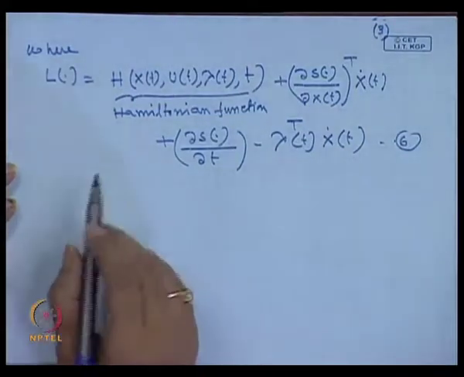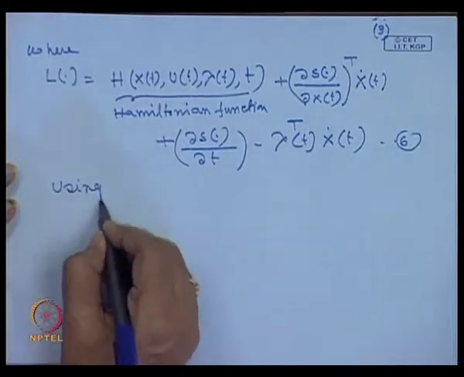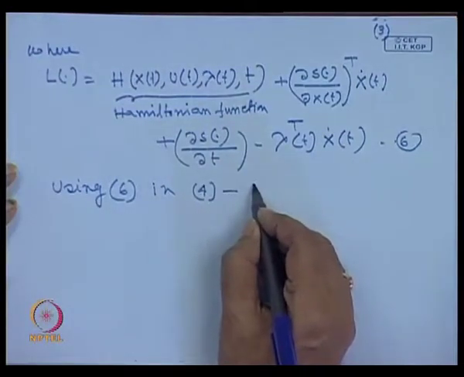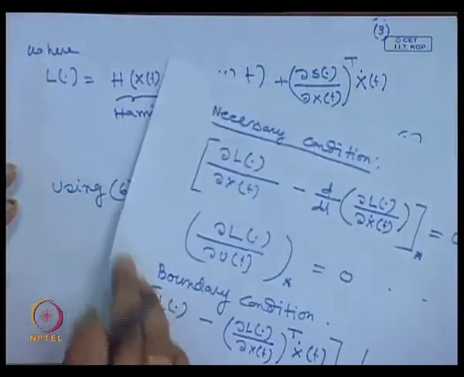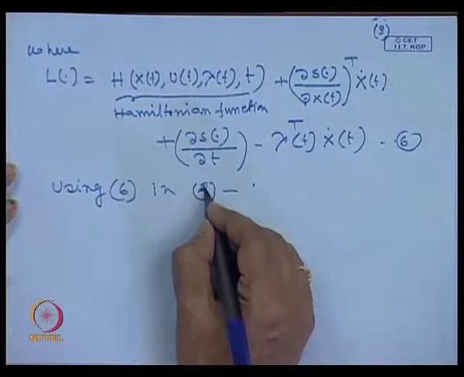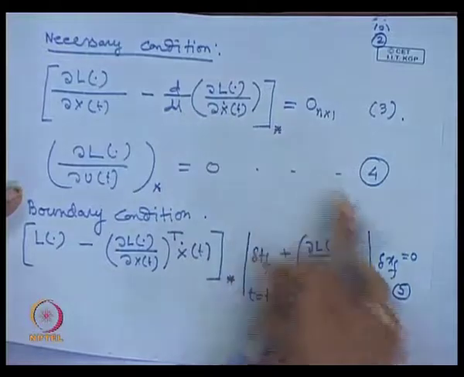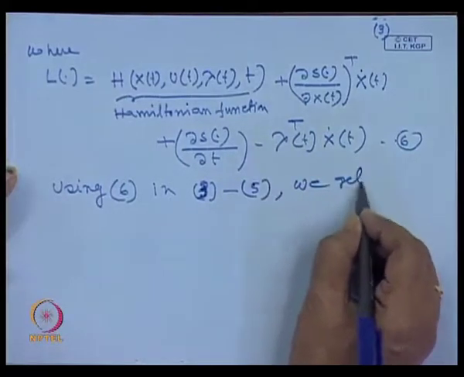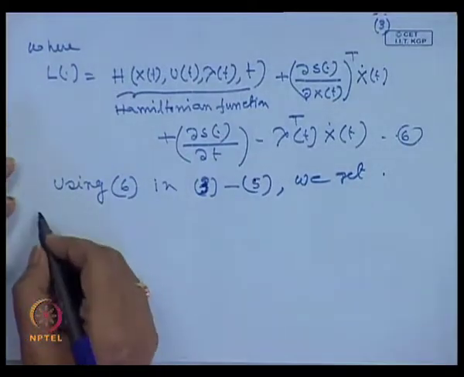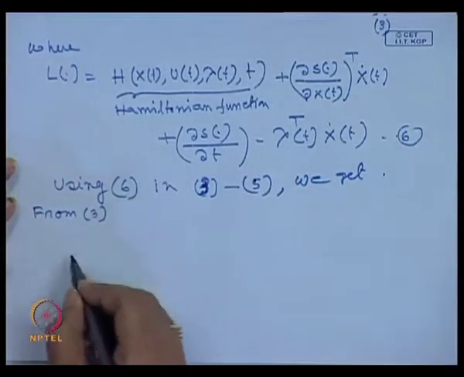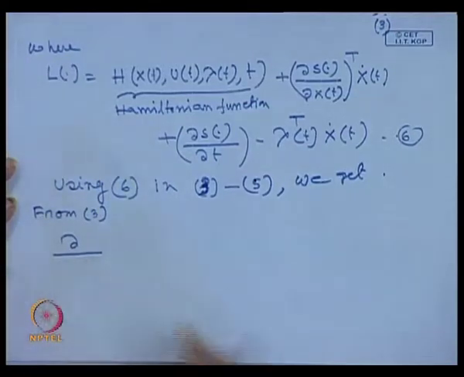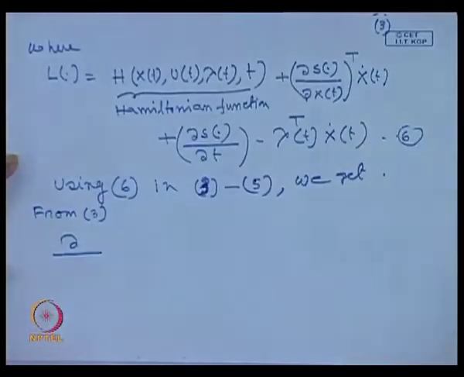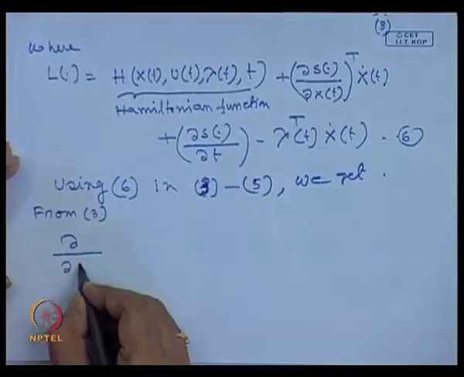Now, using 6 in equations 3 to 5, we get, let us see. Our first one, 3, is del L by del x.